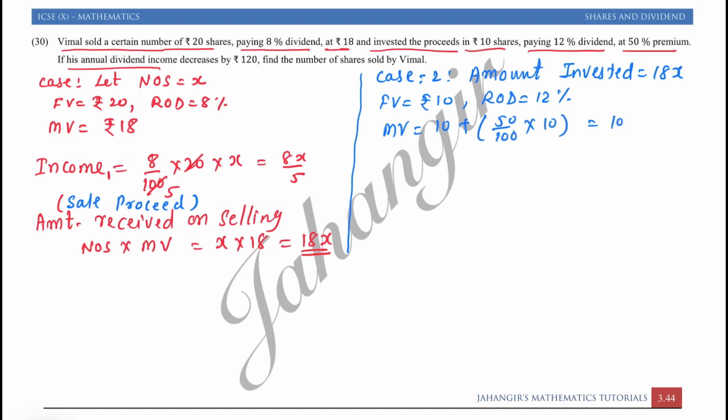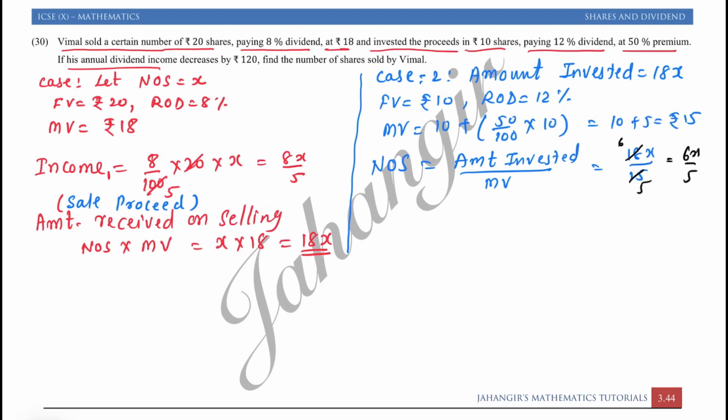That will become 10 plus 5, equal to rupees 15. Now here we will find the number of shares he bought. Number of shares is equal to amount invested upon market value. So here amount invested is 18x upon market value 15. Simplify it, you will get 6x by 5. This is the number of shares.